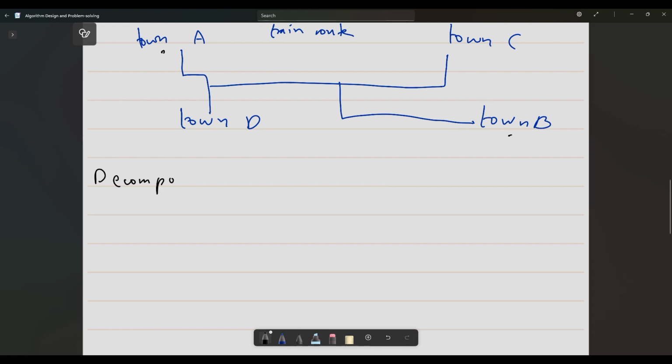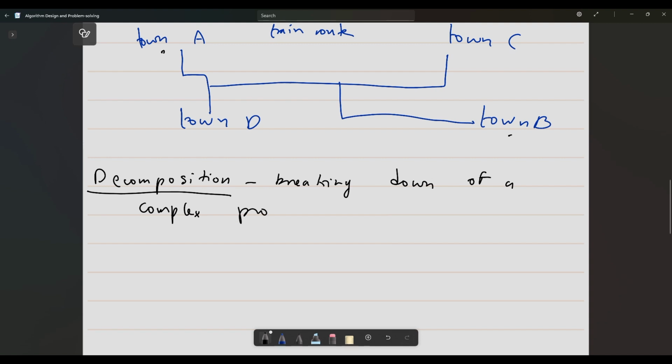Decomposition is the breaking down of a complex problem into a smaller problem. So we're breaking down a complex problem into a smaller part or smaller task.